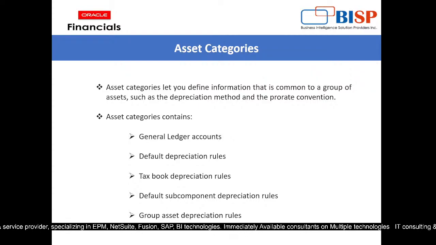And then in the asset categories there are general ledger accounts, the default depreciation rules, the tax book depreciation rules, default subcomponent depreciation rule, and group asset depreciation rule.